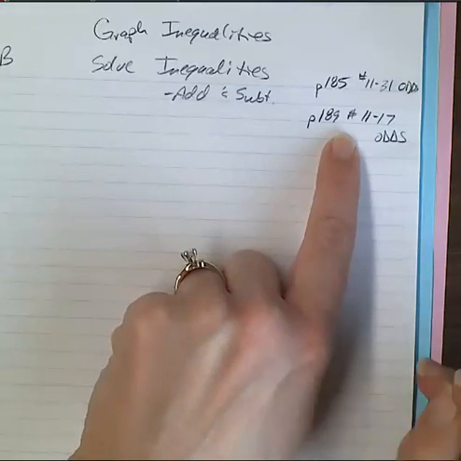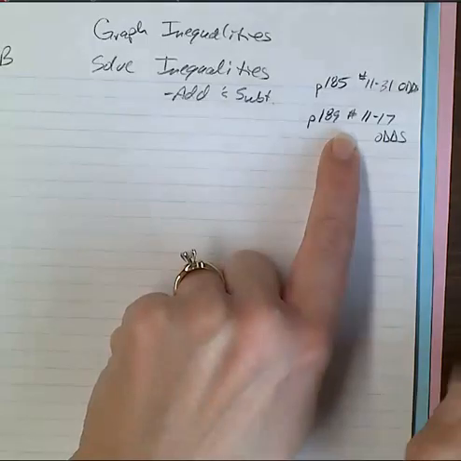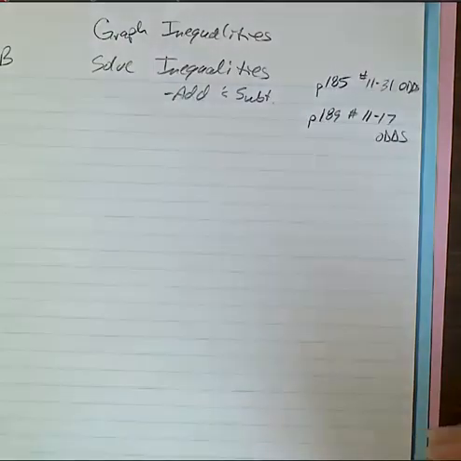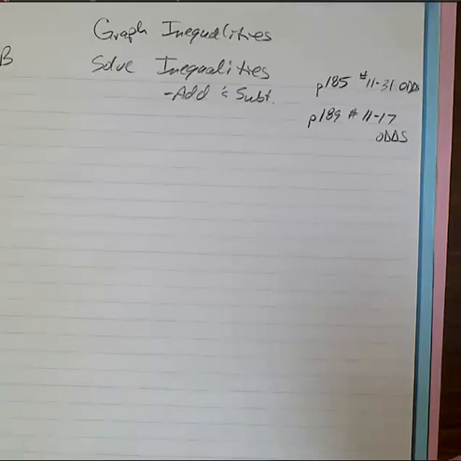If I have been boring you to tears so far today, move on. If you're like, oh crap, I kind of forgot this, I did it a long time ago, I'm going to do 1 or 2 problems on 185 and 1 or 2 problems on 189 together. All right? That's today's assignment.